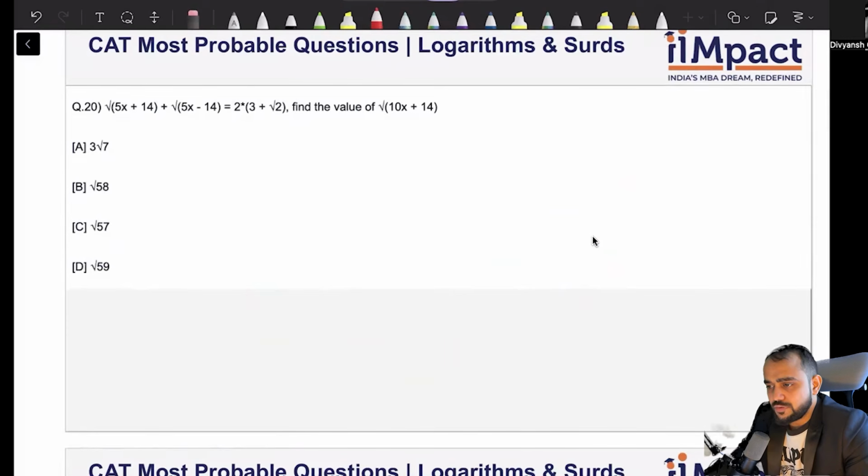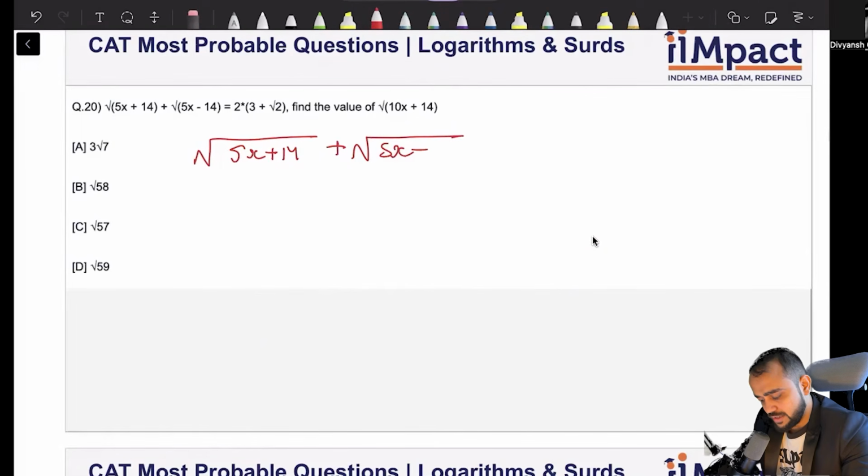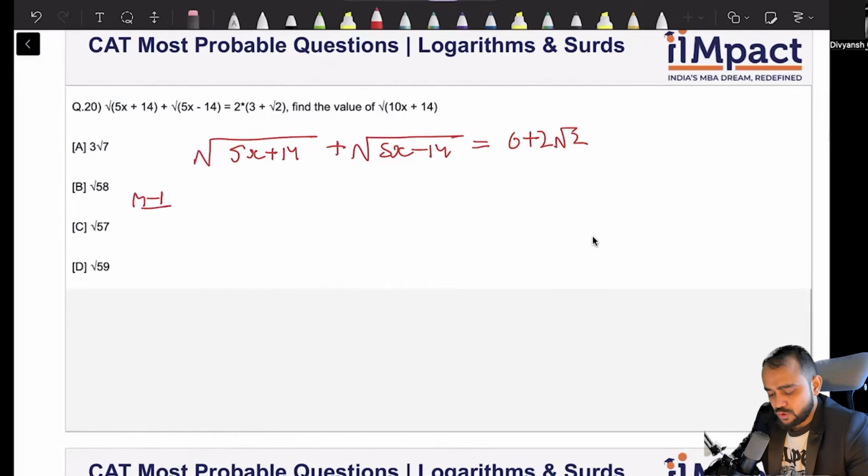All right, folks. So let's start with question number 20. I have root of 5x plus 14 plus root of 5x minus 14 is equal to 6 plus 2 root 2. Now, method one, which I am sure a lot of people would have done, is to square both sides. But consider this. If I square both sides, I will have x plus some under root x square something something term is equal to, when this thing is squared, it is not going to give you just a rational part.